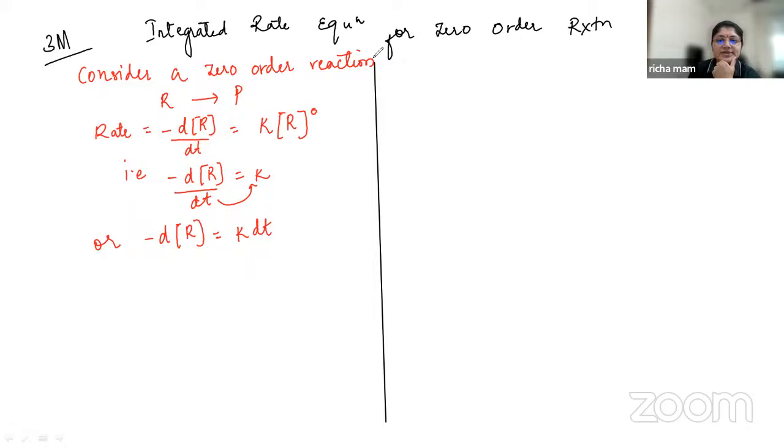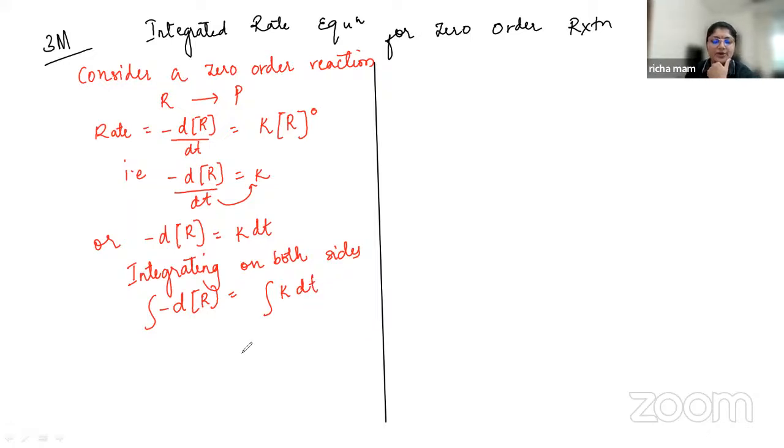Next, we are going to integrate the equation on both sides. Integrating minus dR is equal to integrating k dt.